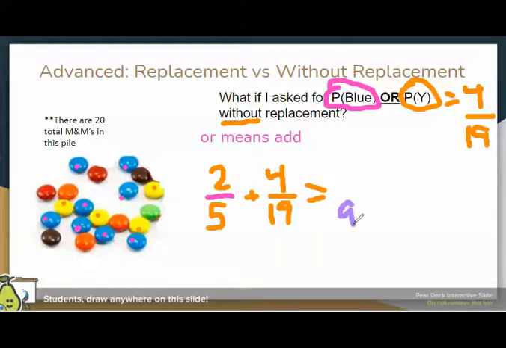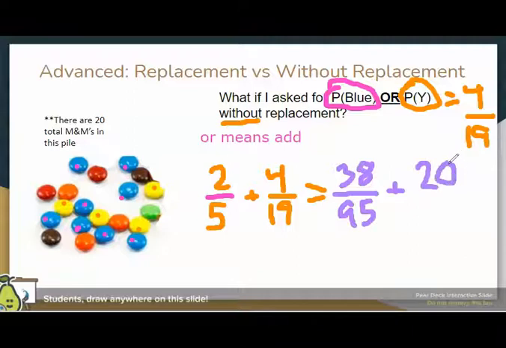So 95 is going to be my common denominator because that's what 5 times 19 is, and there's not a smaller number that would work. So we need 2 times 19, which is 38. Since we multiplied the 5 times 19, we also have to multiply the 2 times 19. So we have 38 over 95. We're going to add that. This 4 needs to be multiplied by 5 because that's what we multiply the 19 by.